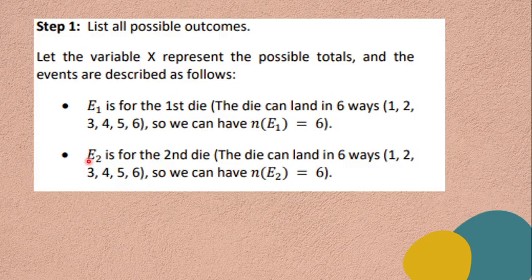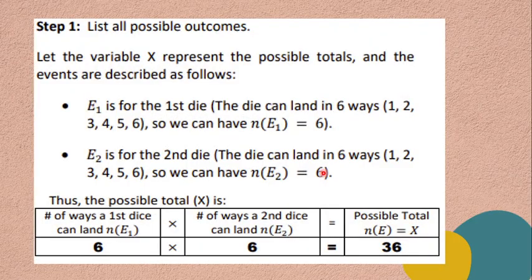For our event 2, it is for our second die. So, the die can also land in 6 ways. Pwede natin makuha si 1, 2, 3, 4, 5, or 6. So, in our event 2, it is equal to 6.